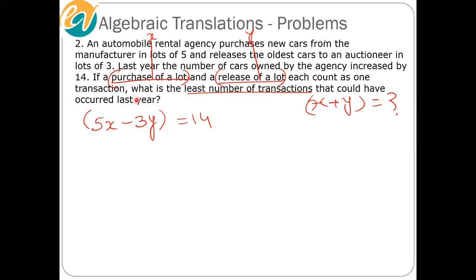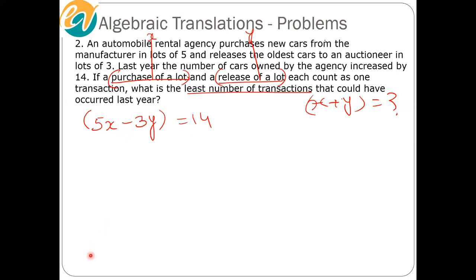Because I cannot purchase a lot 2.6 times, right? I can purchase a lot either 2 times or 3 times. So in other words, now the question is what integer values of x and y satisfy this equation? Are we clear? That's the implied information here.